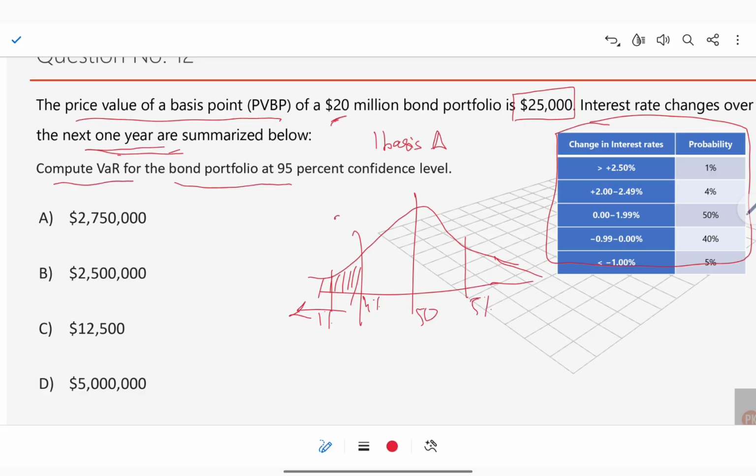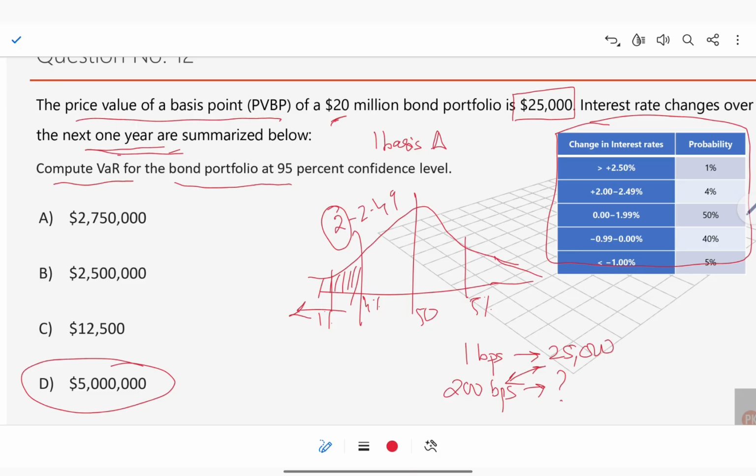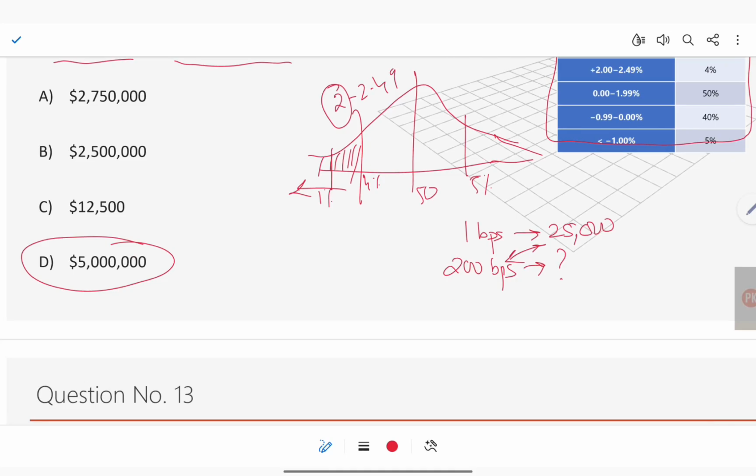The probability here is from 2 to 2.49, so we'll take a 200 basis point change. For 1 basis point there is a change of 25,000. So for 200 basis points, how much will it change? You just multiply both, and you will get the answer as D. Let's go to the next one.